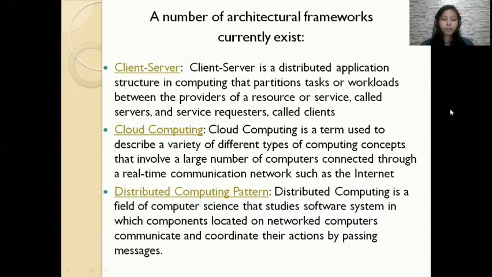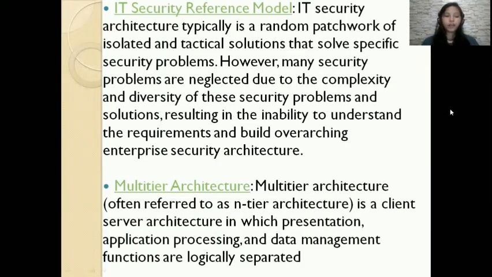Third is the distributed computing pattern. Distributed computing is a field of computer science that studies software systems in which components located on networked computers communicate and coordinate their actions by passing messages. Fourth is the IT security reference model.